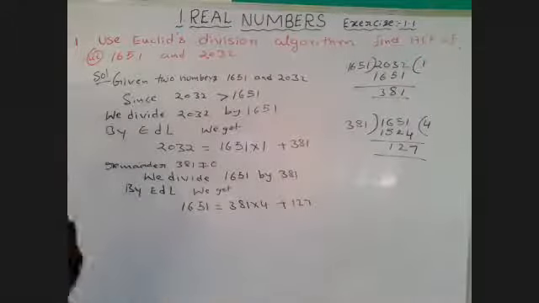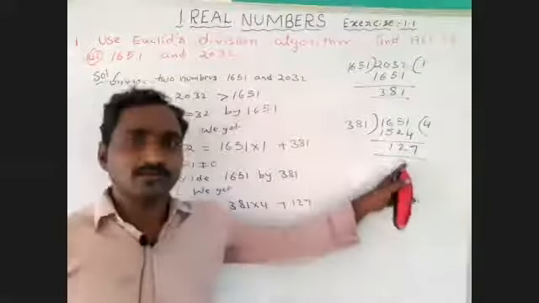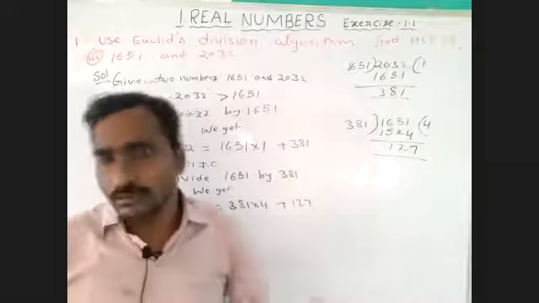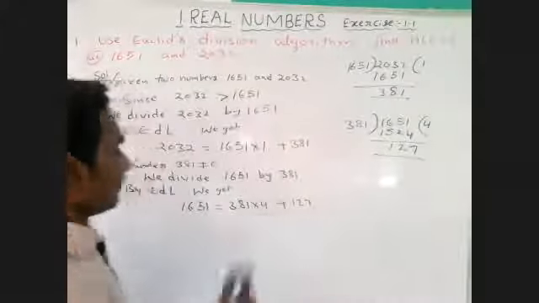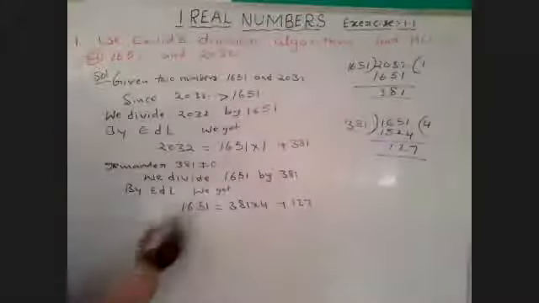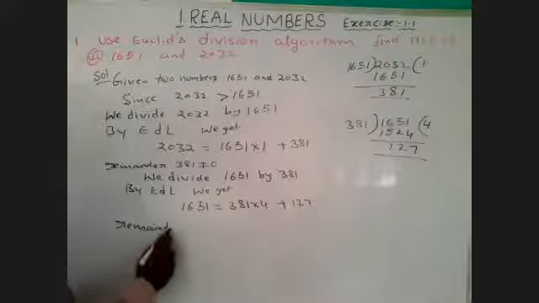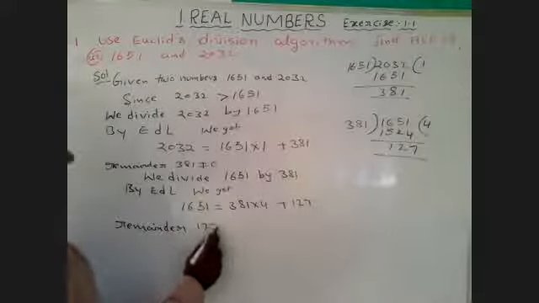Here also the remainder is not equal to 0, so this process continues until the remainder becomes 0. The remainder 127 is not equal to 0.